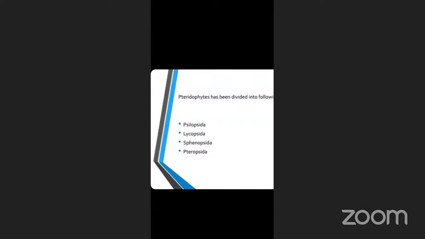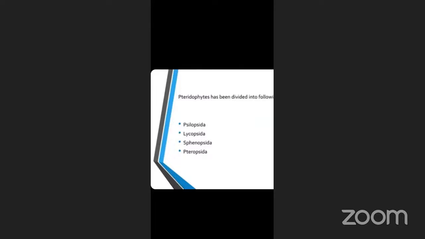Here another, after that, some botanists identified and classified the remaining: Psiloptera, Lycoptera, Spinoptera, and Pteroptera. These are four divisions, based on their characters. The earlier one with four subdivisions is the traditional system.